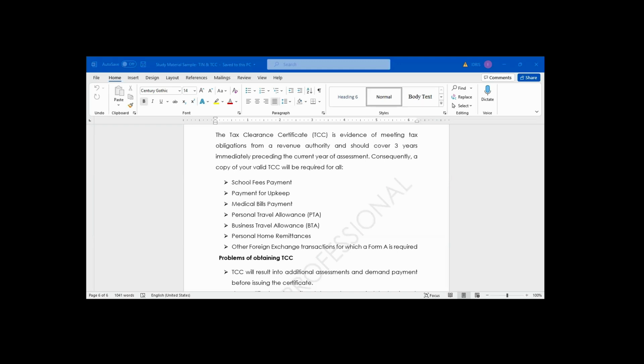So let's look at another short topic that we need to look at, which is multiple taxation. We call it multiple taxes in Nigeria.